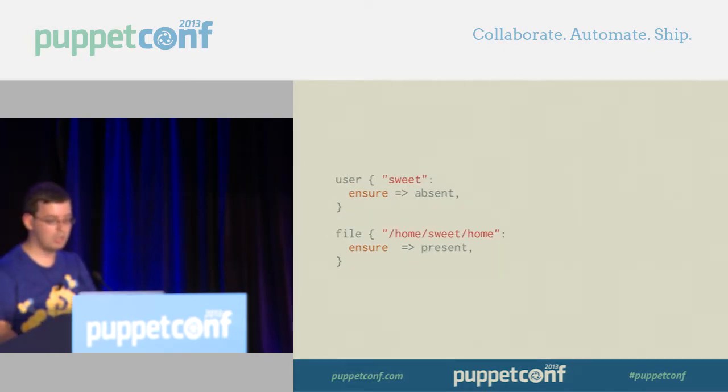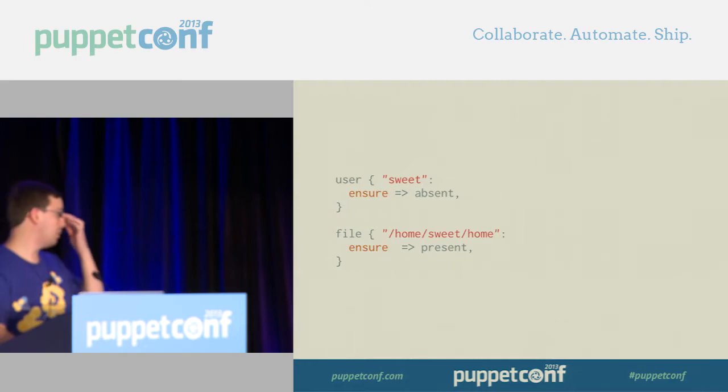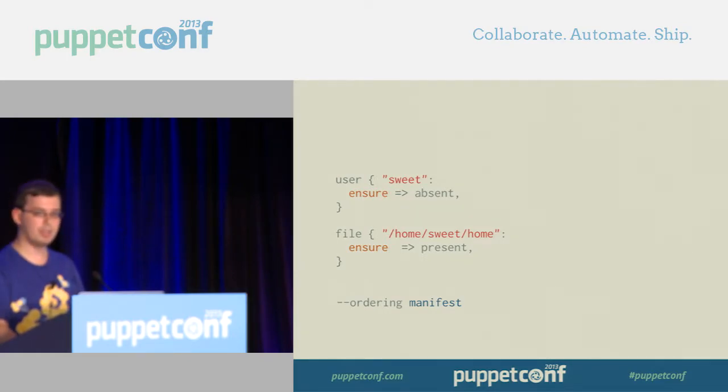And so, speaking of incorrect dependencies, here we have the user and we have the file and we haven't specified any relationship between them. Today, Puppet will do kind of whatever it wants to. And there's a new flag in Puppet 3.3 that some of you may have seen. I think it's in 3.3. Henrik's nodding.